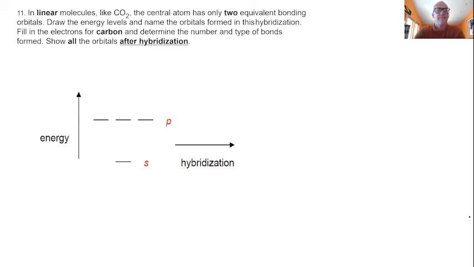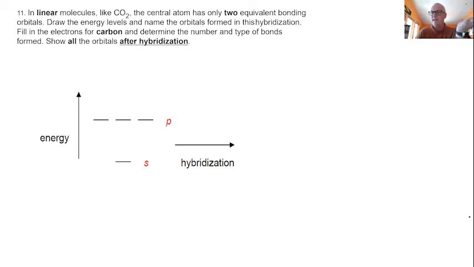So basically what hybridization means is that your bonding orbitals need to have the same energy. In other words, if I'm making a bond with p orbitals and a bond with electrons in s orbitals, they're not going to have the same energy, right? They're going to be different because those are 2 different energy electrons.